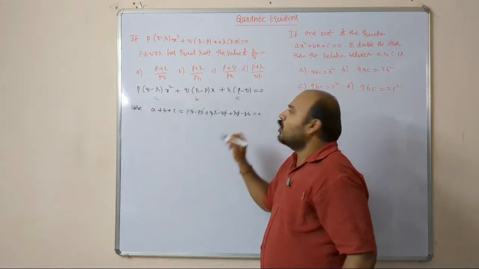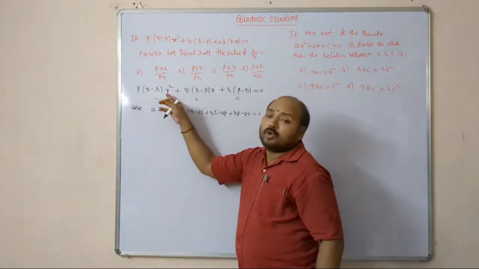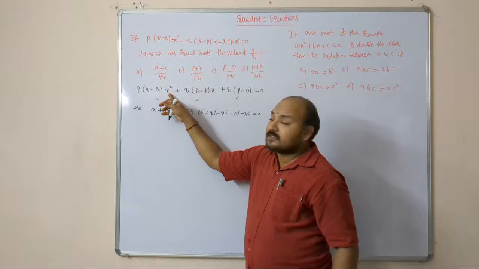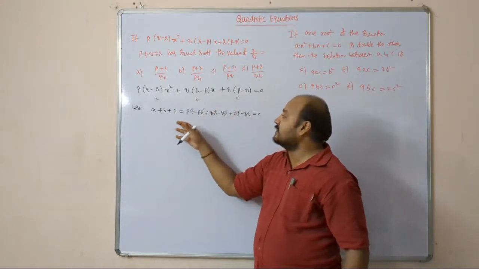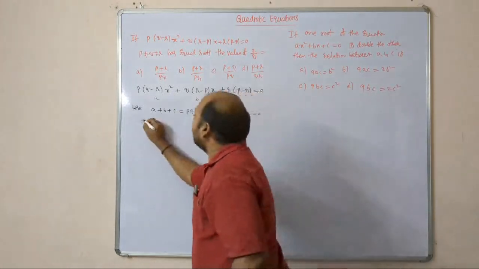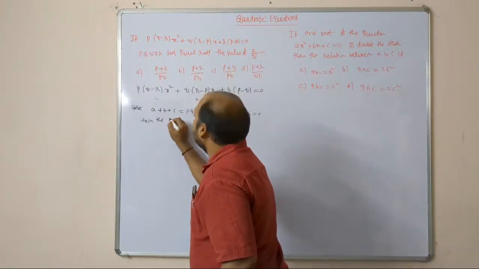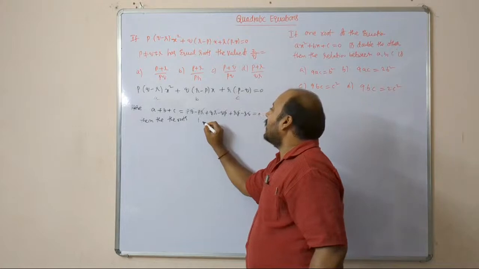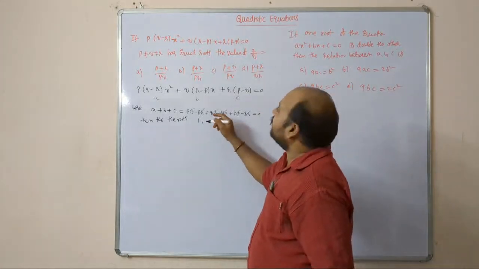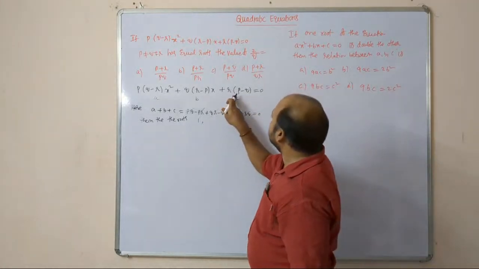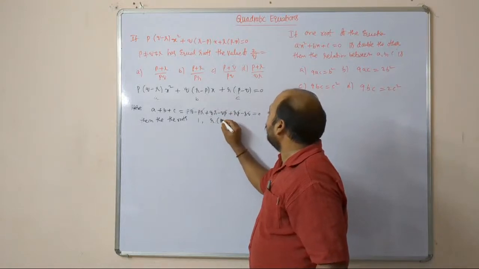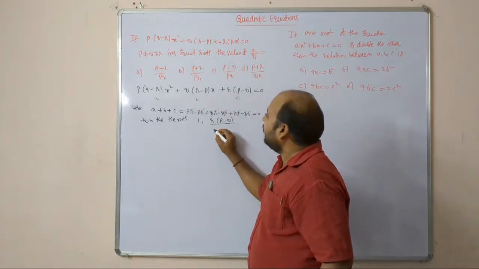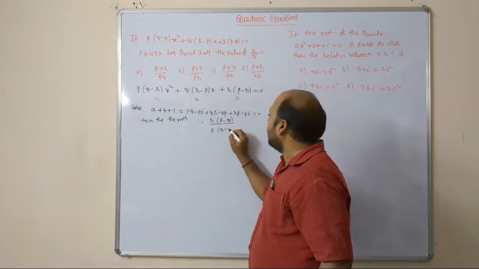Whenever the sum of the coefficients of x square, x and constant is equal to 0, then one root is 1 and the product of the roots is c by a only, no? This is c by a, r into p minus q divided by p into q minus r.